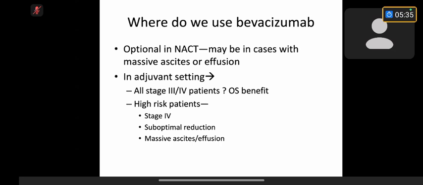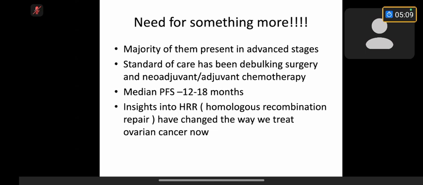It is optional in NACT, maybe in cases which have massive ascites or effusion. In adjuvant setting, can we use it in all stage 3-4 patients? There is no OS benefit demonstrated. But yes, in high-risk patients in ICON 7 trial, OS benefit was demonstrated. And what are these high-risk patients? Stage 4 disease, suboptimal cytoreduction, or massive ascites and effusion. So these are the patients where we can use bevacizumab in ovarian cancer.